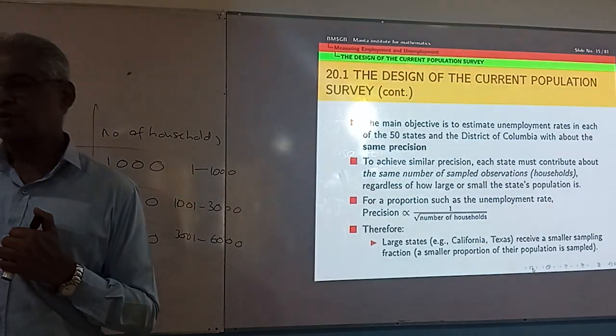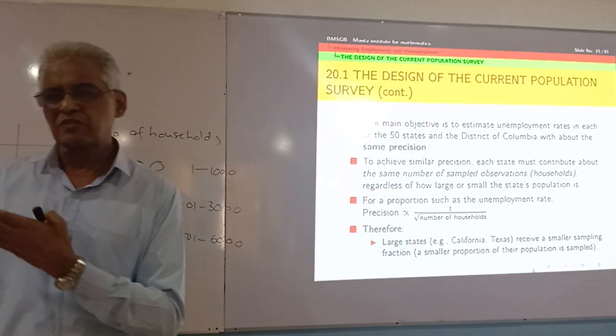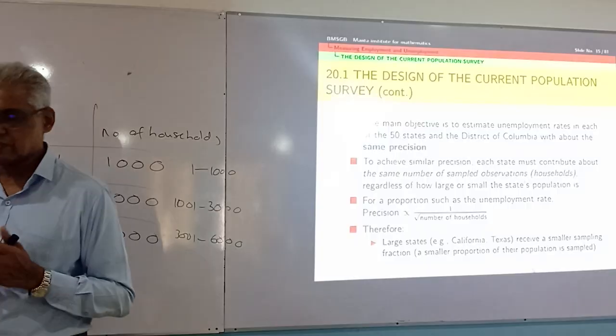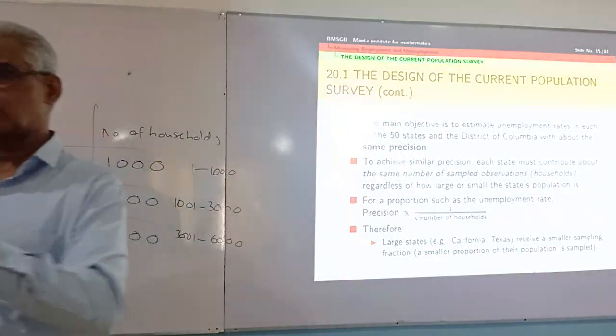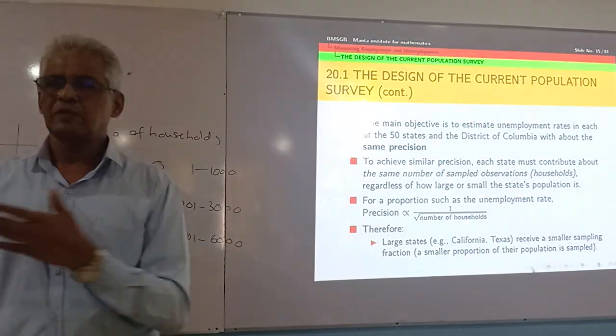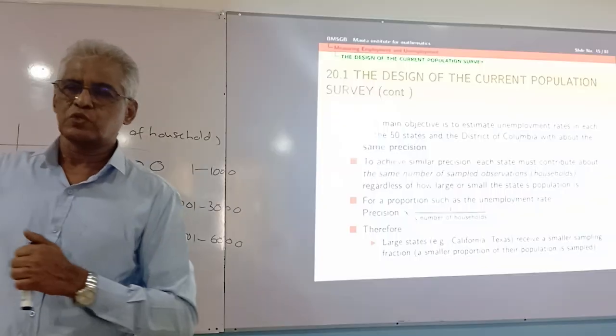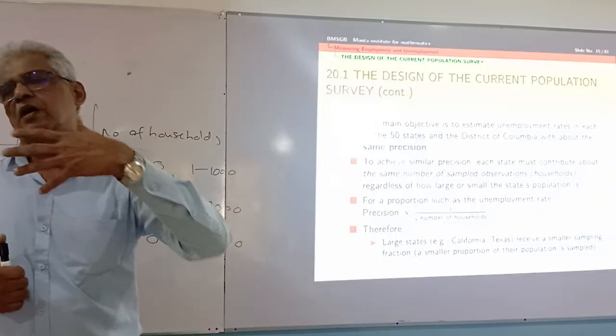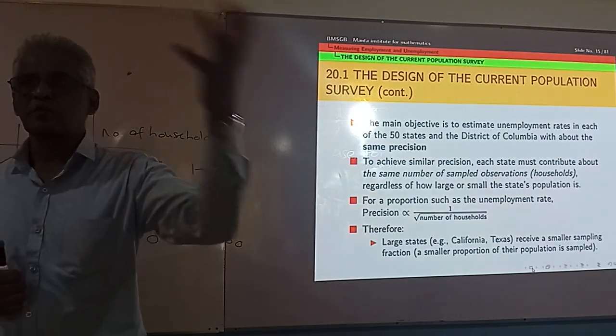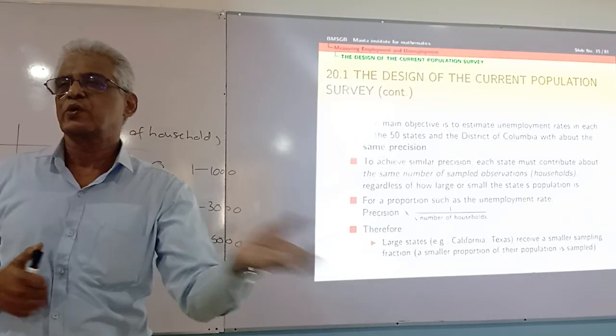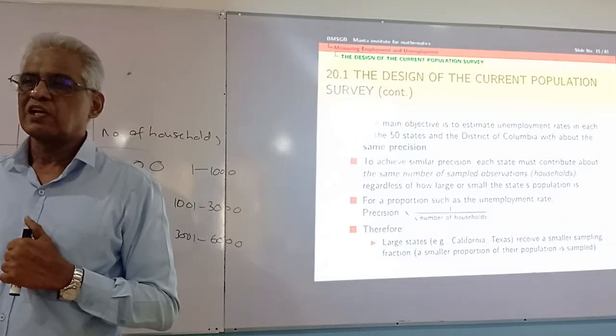They want to have these estimates with the same precision, so the variability should be roughly the same. Precision is something close to accuracy. They don't want some estimates to be highly accurate and others to be much less accurate.